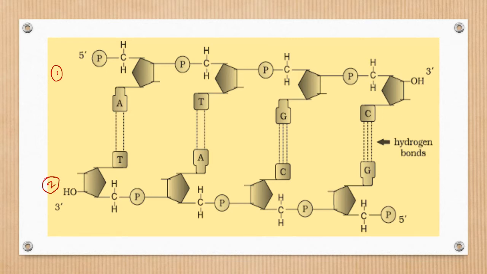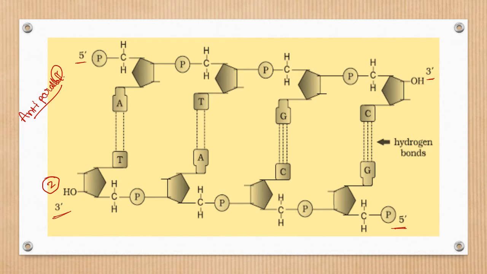Observe that the first polynucleotide chain ends with 5' at one end and 3' at the other. Exactly opposite to this first chain is the second chain, so this end is 3' and this end is 5'. That's why we call these two polynucleotide chains anti-parallel, or parallelly arranged in opposite directions.